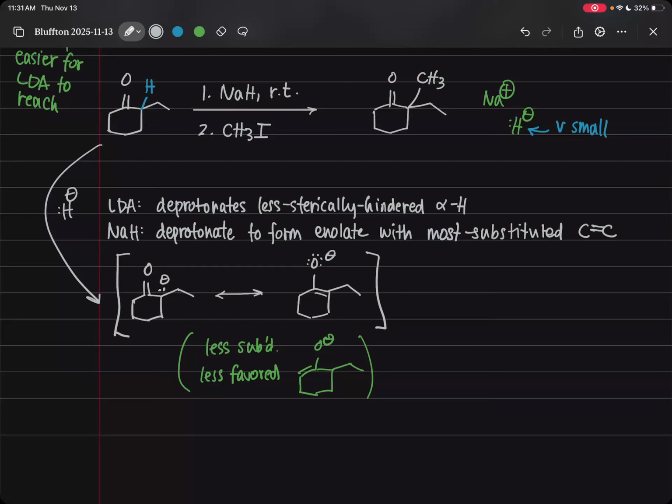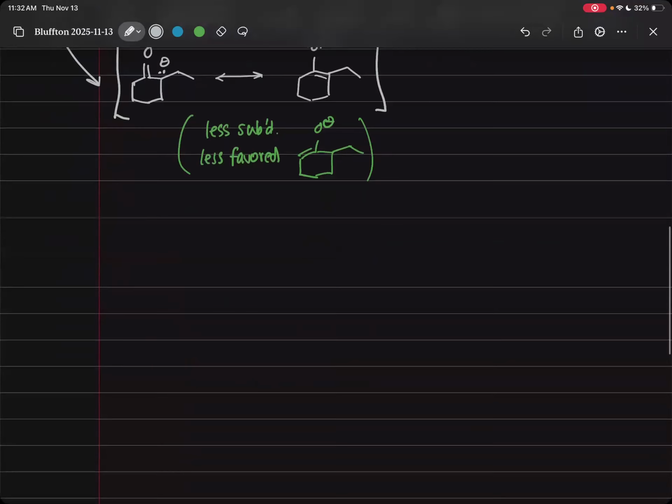Yes, less substituted, less favored, because that's a tri-substituted CC double bond in the green, and the main example is tetra-substituted. It's got 4 non-hydrogen things attached to it.